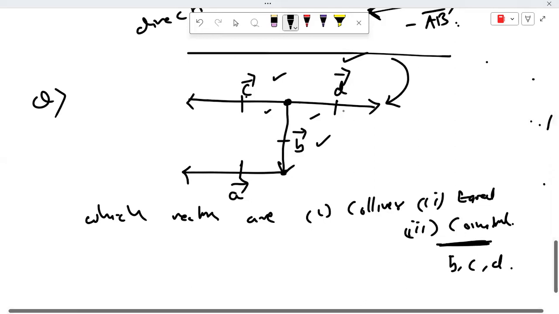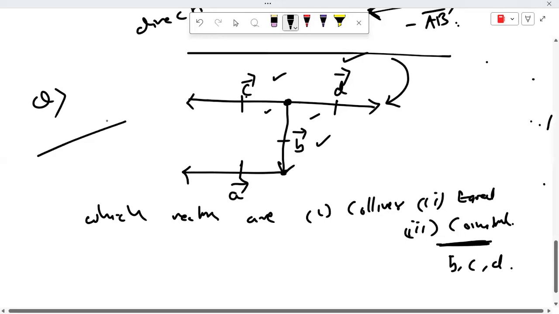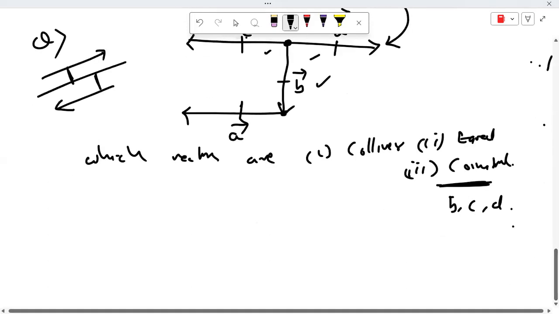Even though their magnitude and direction may be different, if one vector is like this, another is like this, and they are parallel to the same line, then they are collinear. Okay. Yes, sir. All right.